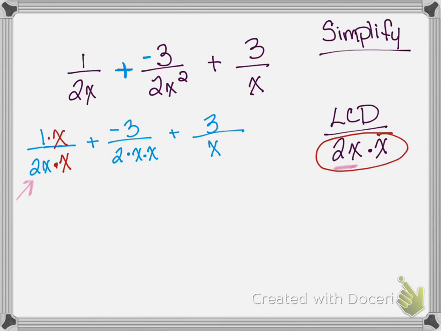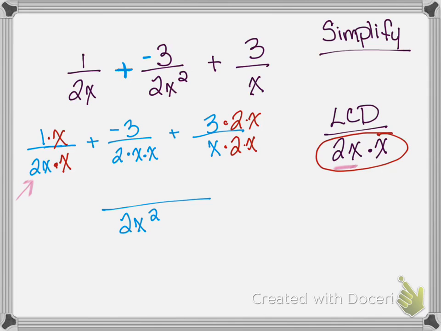Is there anything missing in negative 3 over 2 times x times x? No. So I don't do anything to that one because it's already got everything that's in my least common denominator. 3 over x, what am I missing? 2x. So if I multiply the bottom by 2x, what do I have to do to the top? Multiply by 2x.